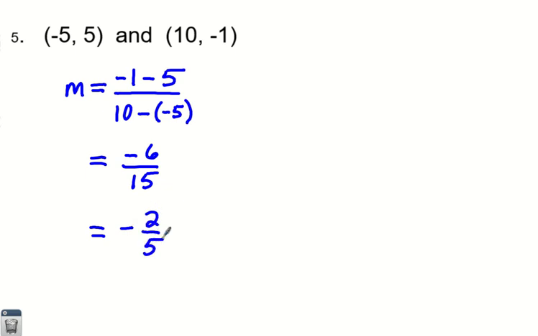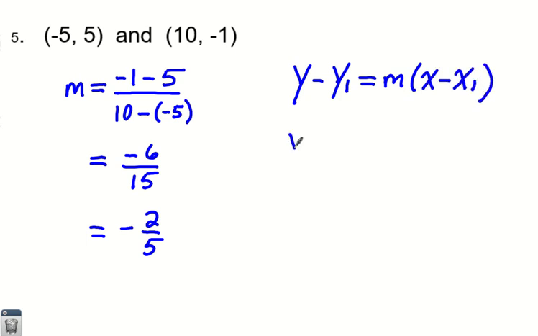Yep, let's go with it. And now I can plug in to my awesome point slope form. So my y1 I'm going with is 5. The m I just figured out was negative 2/5.